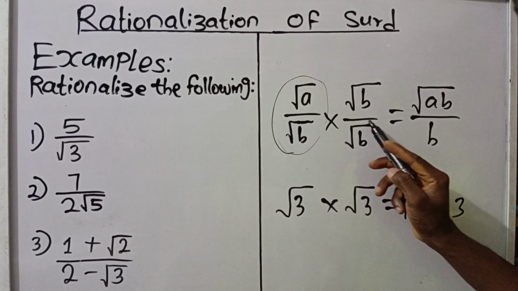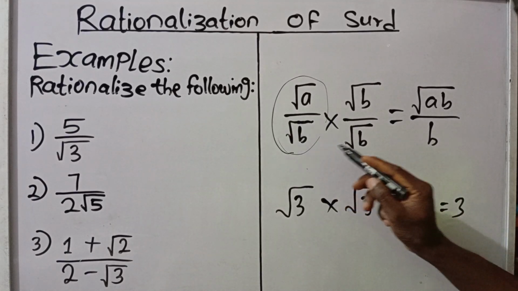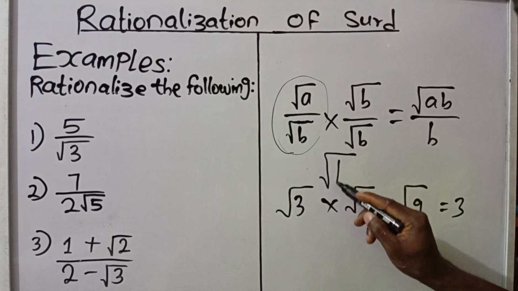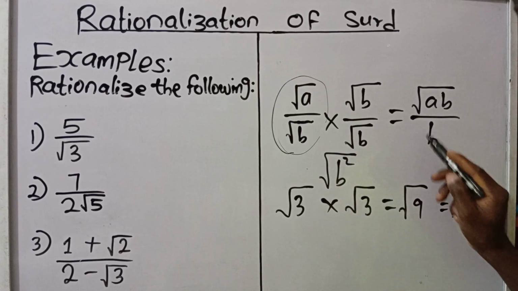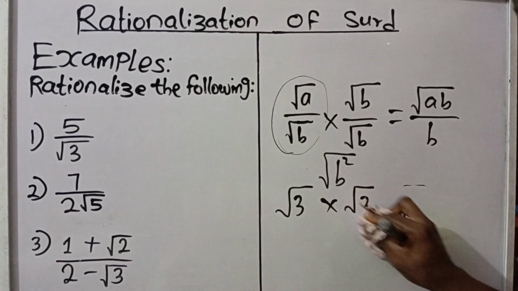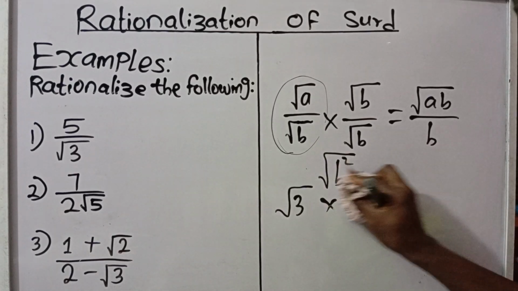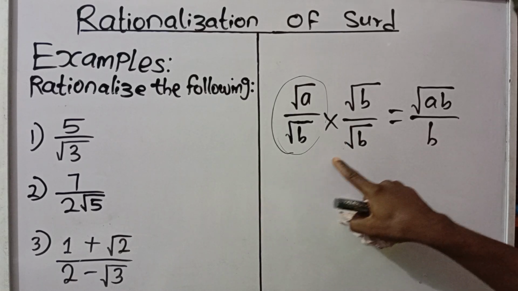Root b multiplied by root b will give me b. Because by so doing, if I have root b multiplied by root b, I'm supposed to have root b squared. And the square root of b squared is what? b. So that's exactly how we are to rationalize a particular question or fraction that contains a surd as a denominator.